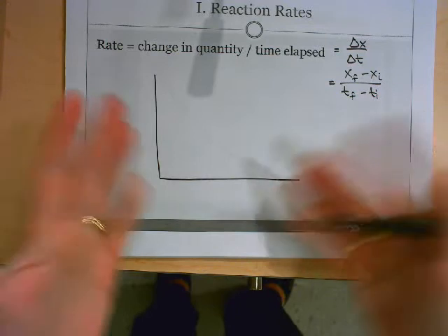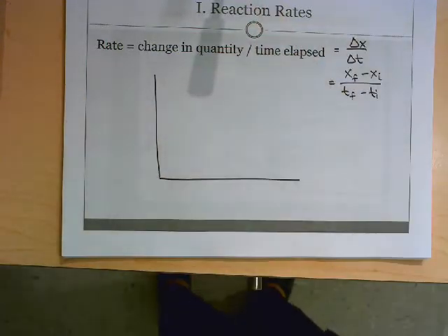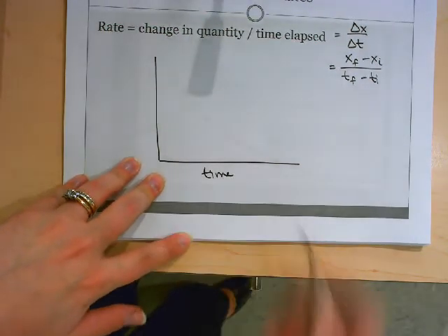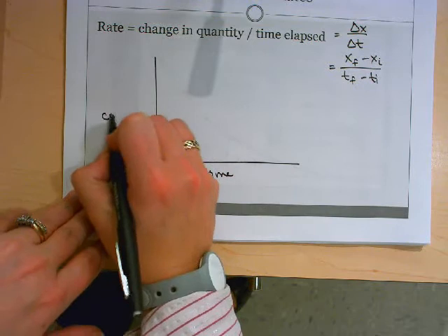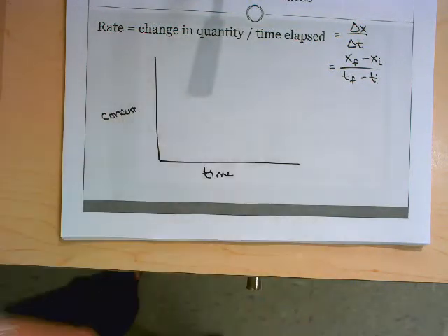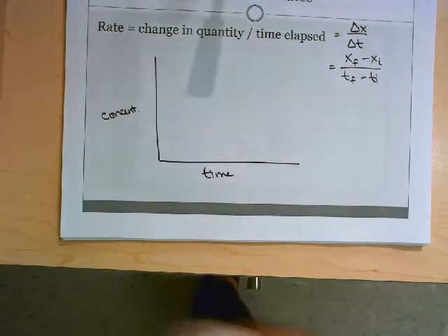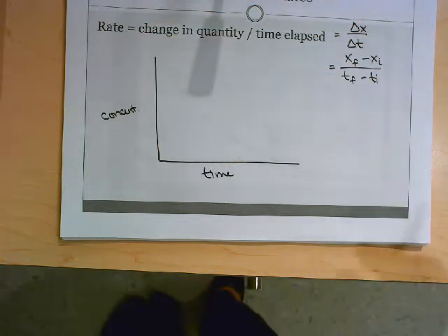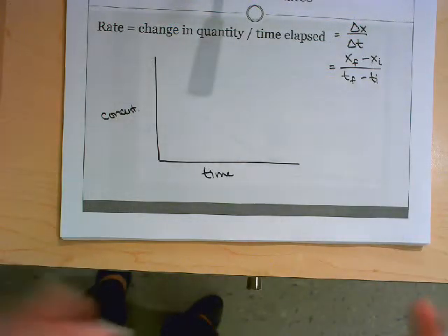All right, so let's say I want to mathematically graph what I just stated over here. So I'm going to put time on the x, and concentration on the y. If you have multicolored pens, this would be an excellent time to use them.